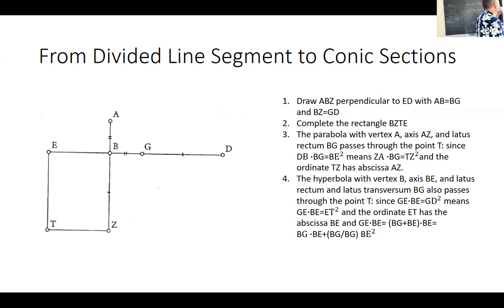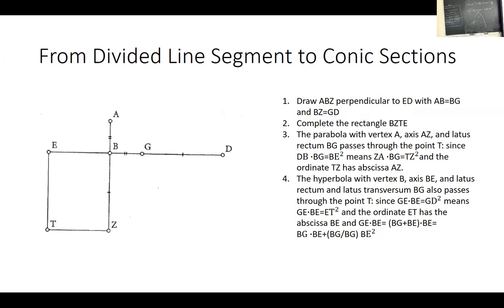And that's exactly what happens here, since our given expression GE times BE equals GD squared means that GE times BE equals ET squared, because I'm saying GD equals ET. Is that obvious? Yes, GD equals BZ, but this is a rectangle, so that also equals ET. So the given relationship means we have that.